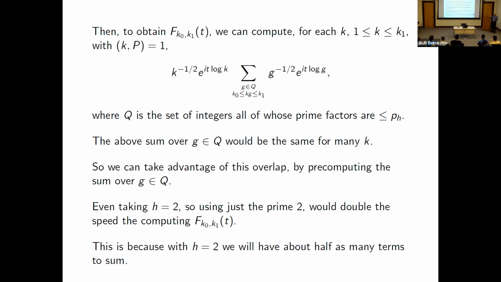So if I take 1 prime, then I would need to sum up about half as many terms instead of the original length. So I speed up the whole thing by a factor of 2, just by this. And if I take more primes, I can speed up more and more. Asymptotically, you'd be speeding up things by like a log t factor. Right, so you can do an idea like this.